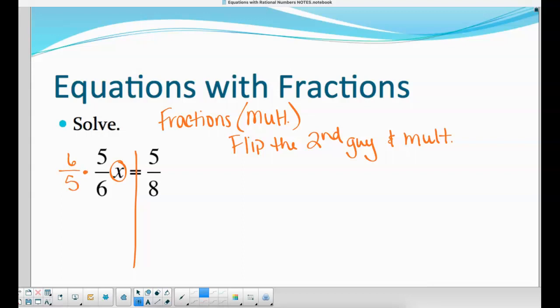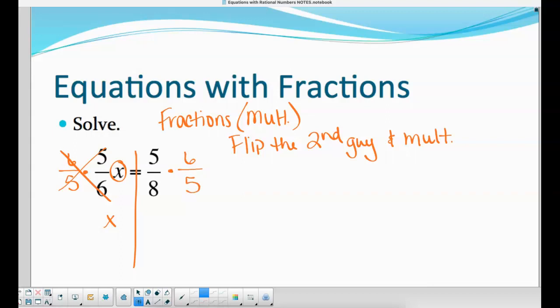What happens as soon as I flip it? It cross cancels. Everybody see that? I can cancel, cancel. I have X. Everybody agree? So I just flipped it and multiplied. I have to do the same thing on the other side. What I do to one side, I have to do the other.